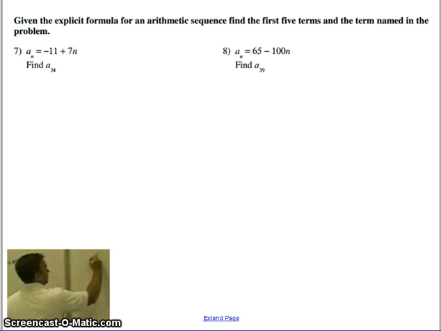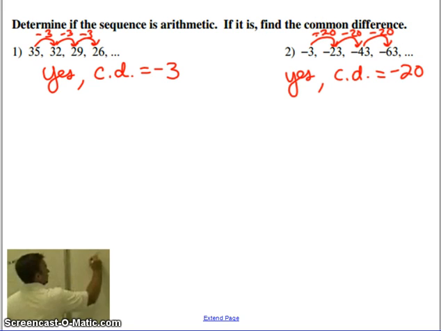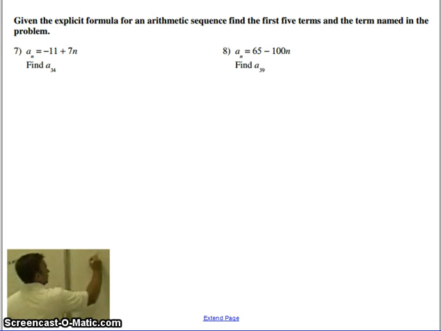The difference between this being explicit and the other ones I showed you is that they end up distributing and then combining like terms with their formula. We don't have to worry about that too much. Alright, so given the explicit formula, find the first 5 terms and the term named.